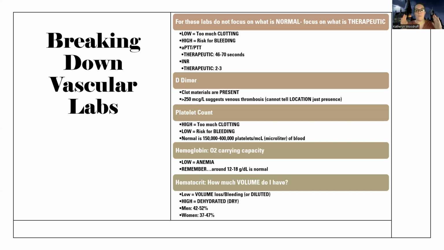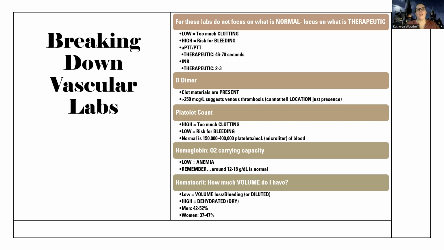So I really want people on anticoagulation to be in this therapeutic range, right in the center, which puts them at not too much risk for bleeding, not too much risk for clotting, but right in the middle. They've determined that if people are in this range for these labs, they're going to be therapeutic, at a level that's going to protect them from forming more blood clots, but not to the point where they're going to bleed to death.